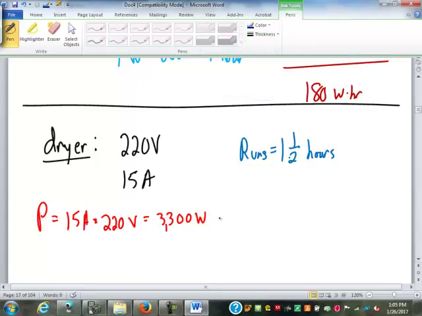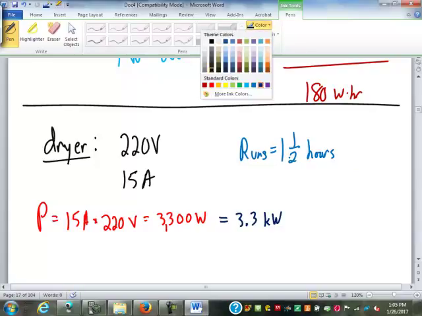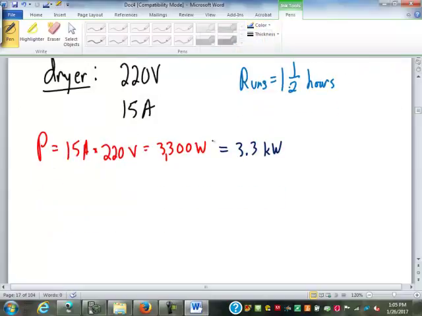Now, since that's so large, I'm going to make this conversion. How many kilowatts is that? 3.3. Good. Just moving the decimal point 3 spots. That is 3.3 kilowatts. So then the consumption is the power times the time. So that's 3.3 kilowatts times 1.5 hours.